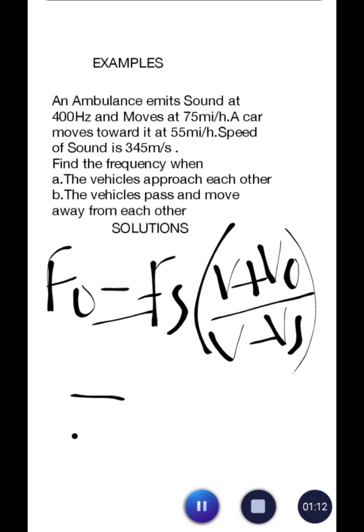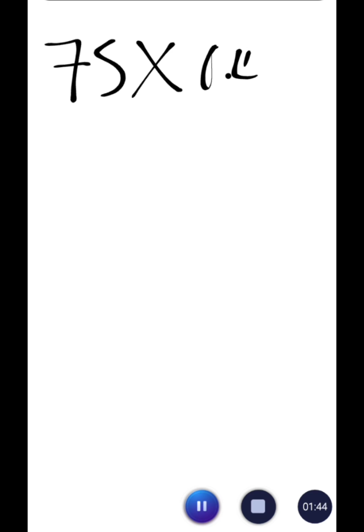When we plug in the values, we are going to get the answer, but we need to change the miles per hour into what? Into meters per second. So let's go ahead and change it. For example, that one is 75, the speed of the ambulance, which is the source, times 0.447.